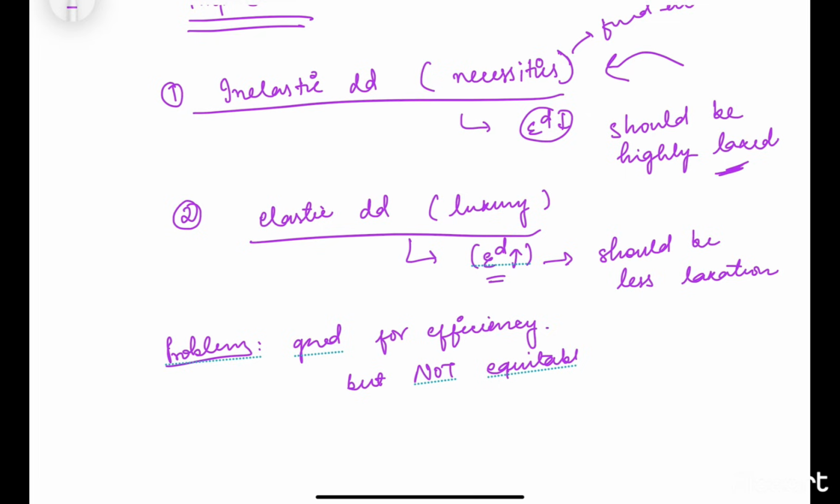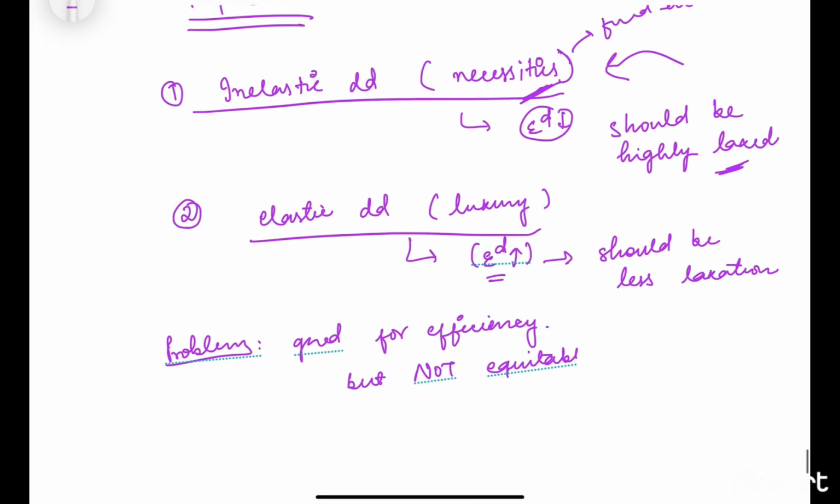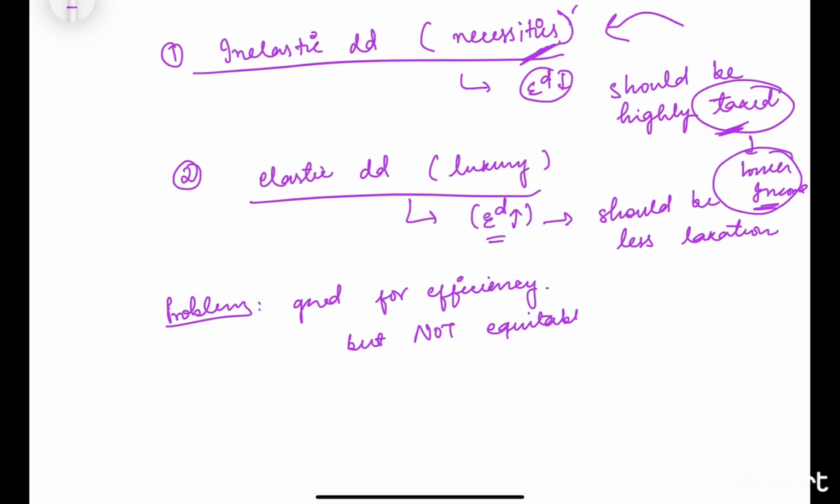Who depends on necessities? Basically lower income individuals, people who are poor. For them, what is more important, luxury or necessity goods? Obviously necessity goods. So in that case, they would be imposed with higher taxes. So when higher taxation is levied on them, this would result in lower income for them, because they need to bear relatively more of the commodity tax burden than the high income individual, so it will lower their income. That's why we are saying that it is not equitable. It is efficient but not equitable.